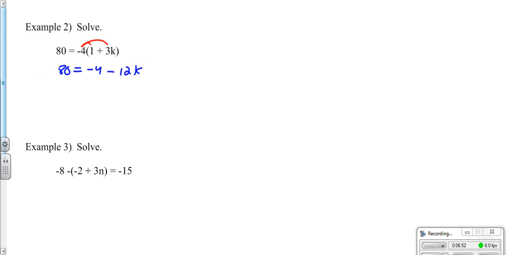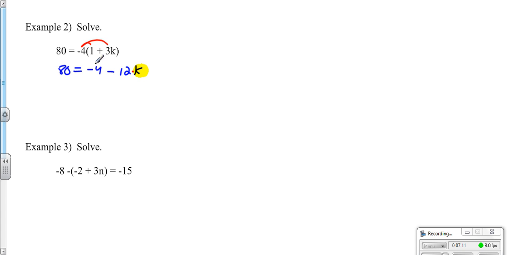Now, where's the variable that we're trying to solve for? Now notice it's an equation now, so we're not just simplifying, we are solving. So we can go one more step and say, how do we get k by itself? So again, when we are undoing an equation, we do addition subtraction first, and this is multiplication here, so we'll do that last.